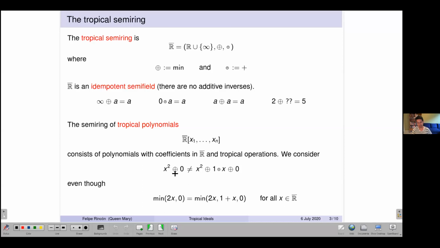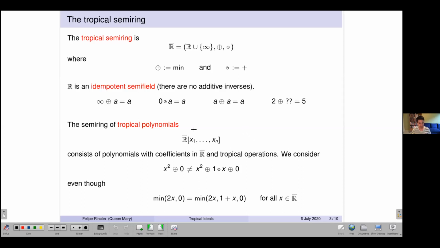So this is just a warning that we should be thinking of them really as tropical polynomials and not as piecewise linear functions. If you thought of these as functions, you would get the same function, but for us they're going to be different elements of this semiring of tropical polynomials.